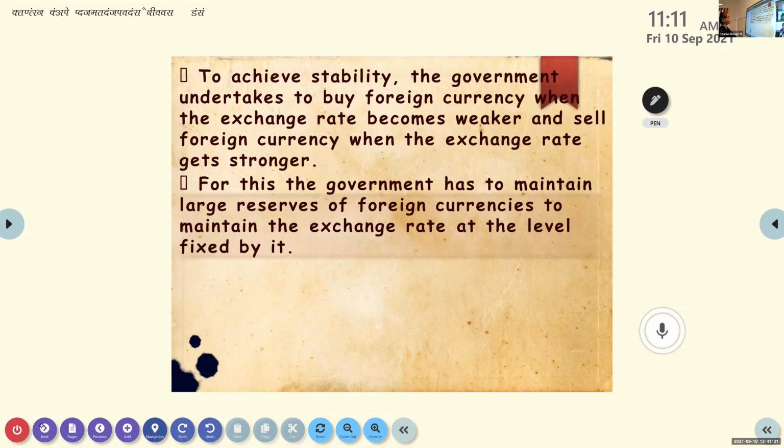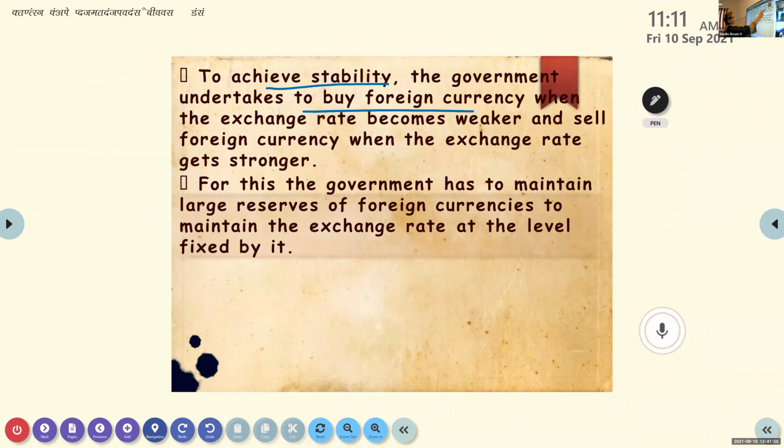Next one, why is the government using this kind of fixed exchange rate? That is mainly for achieving stability. When the exchange rate becomes weaker, what will the government do?